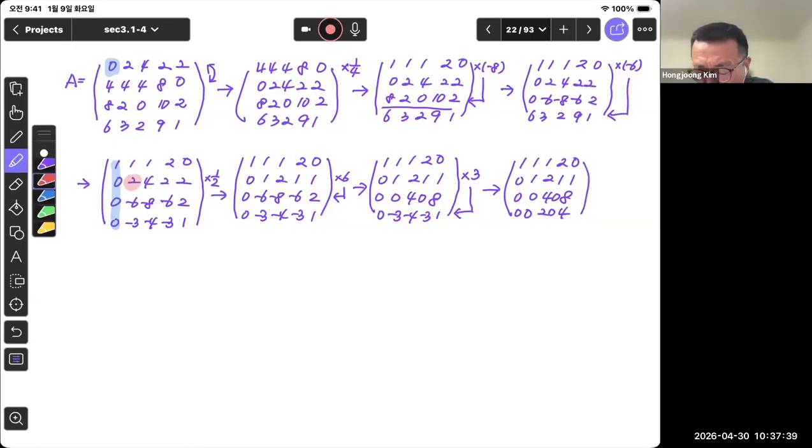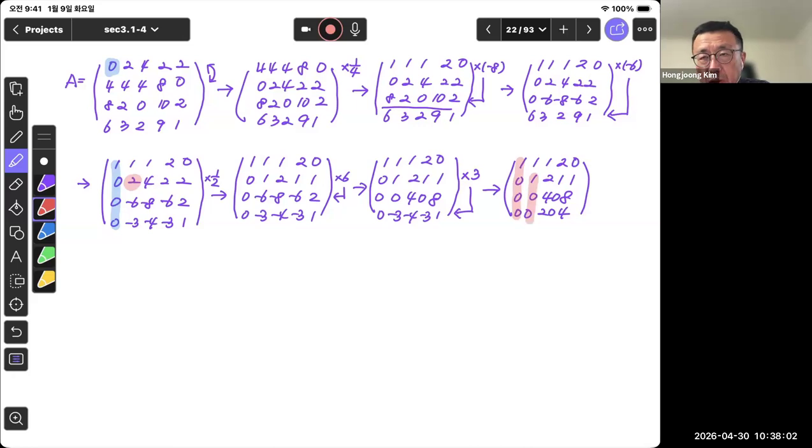At this point, the first column becomes 1, 0, 0, 0, and in the second column I have this 1, and below it I have 0 and 0.